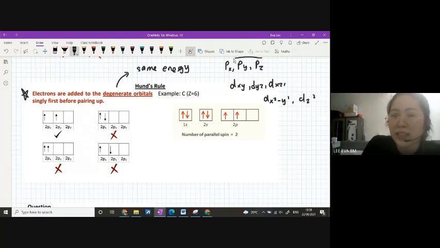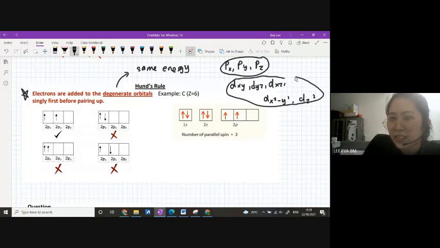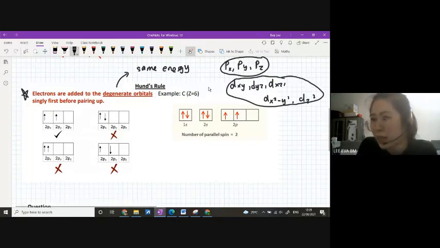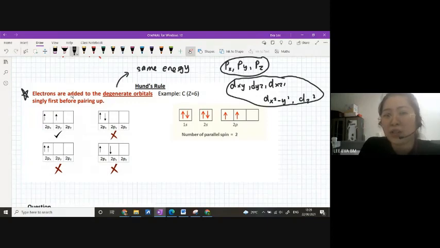All of these are degenerate, meaning they all have the same energy level. So electrons are added to the degenerate orbitals singly first before pairing up.